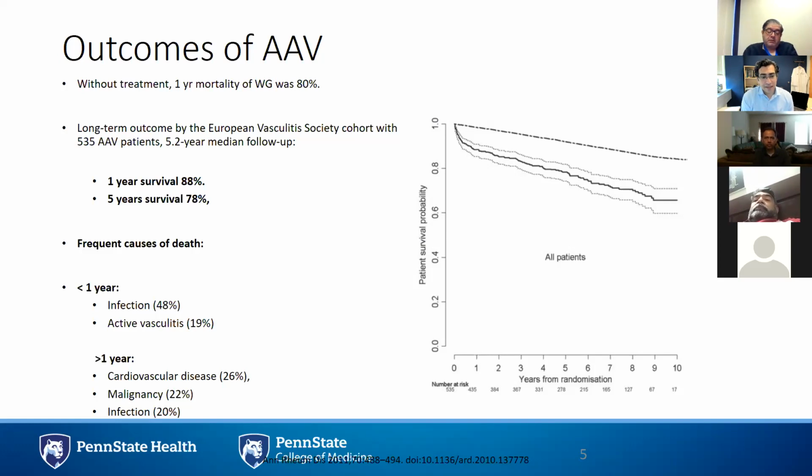The death is still happening. If this is within a year, active vasculitis is a 19% cause of death, and infection is a 48% cause of death. So we have to be careful to manage the disease, but also watch for other complications. The frequent causes of death beyond 1 year are cardiovascular disease, cancer, and infections.